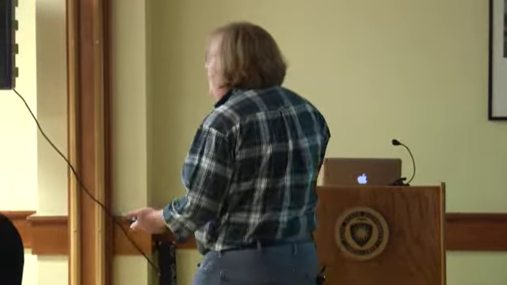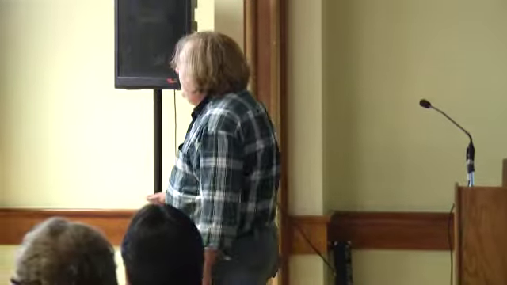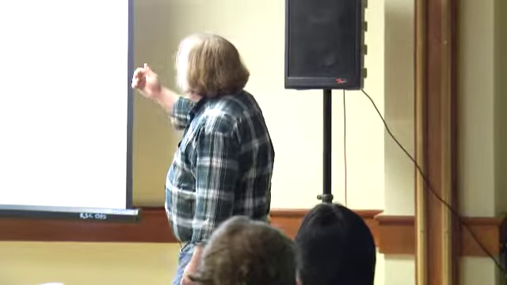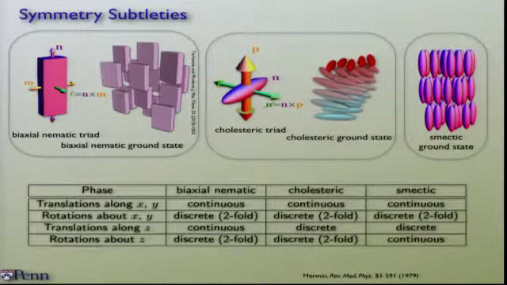So why would I even want to talk at the same time about biaxial nematics, cholesterics, and smectics? Because when you think about them from the point of view of symmetry, you kind of think they're not that different. After all, a smectic has this periodic ground state. So does a cholesteric, right?